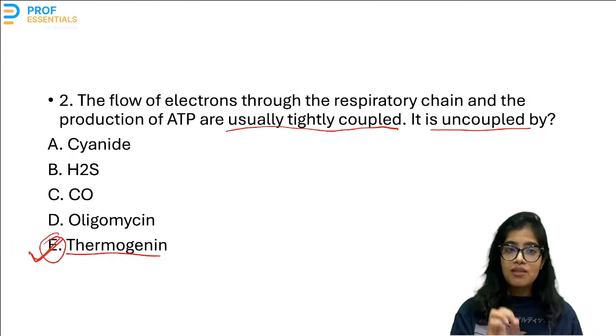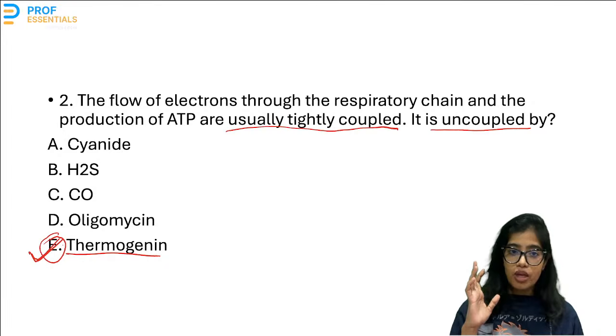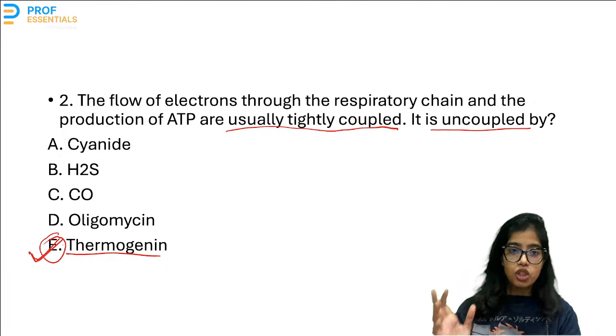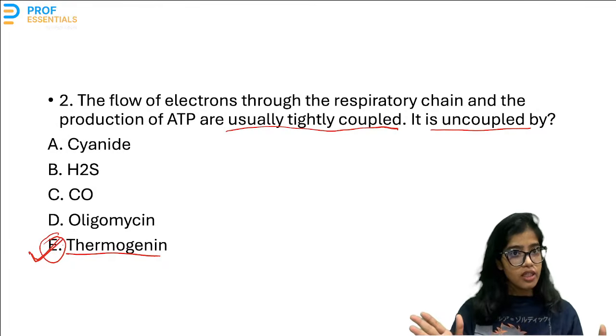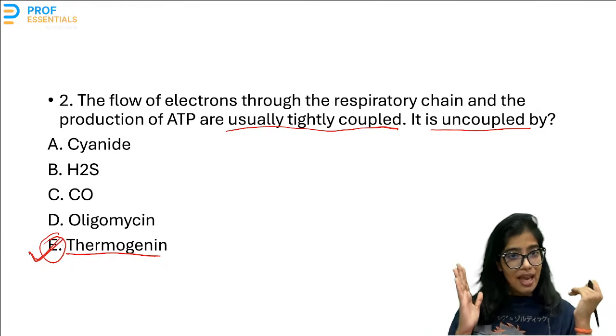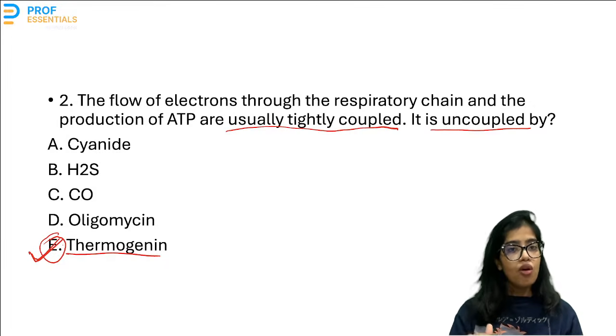What happens is the production of ATP and the flow of electrons is dissociated, so that the energy generated by the flow of electrons does not produce ATP, rather it dissipates as heat energy. So that is the role of thermogenin.